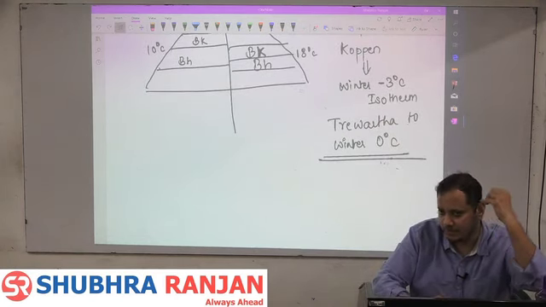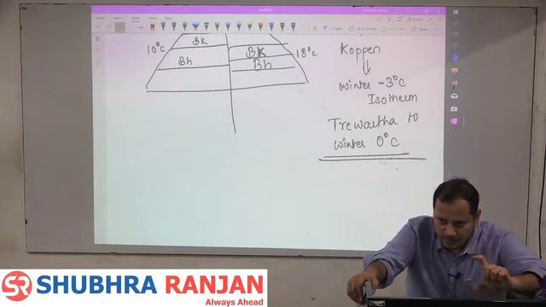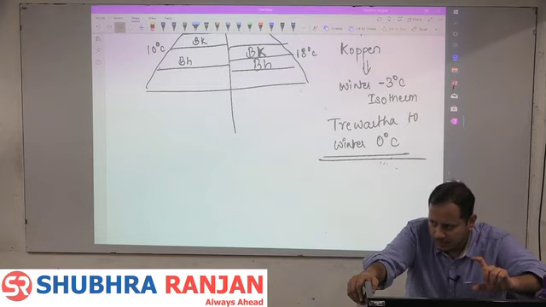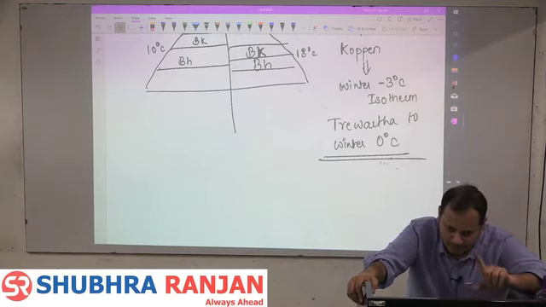For Köppen it is minus 3 degrees Celsius, which is the boundary during the winters between C and D. Trewartha says no, 0 degree Celsius.